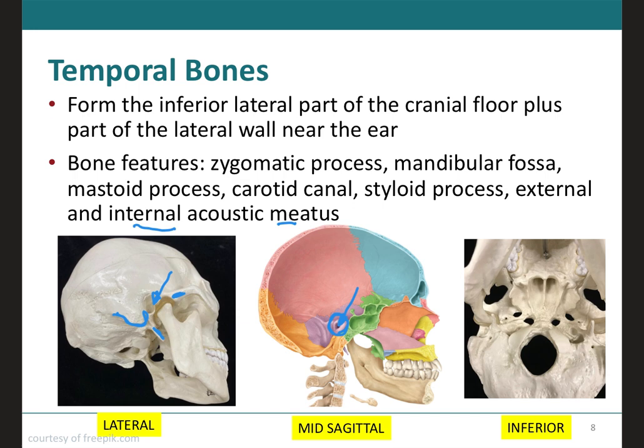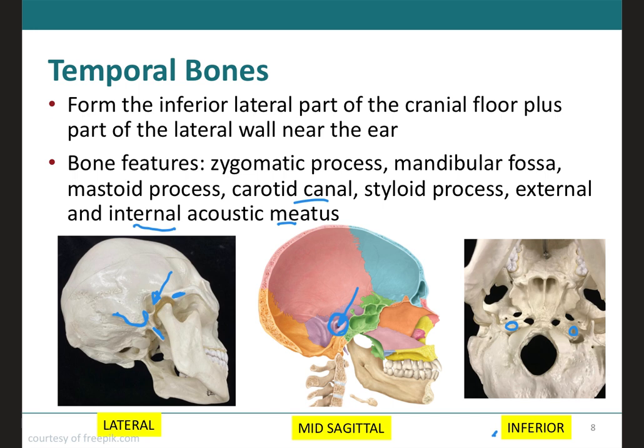And then the last bone feature that we need to know for the temporal bone is the carotid canal. The carotid canal is this big depression right over here, and we can see it on the inferior view of the skull. The carotid canal is where the carotid artery will pass through.